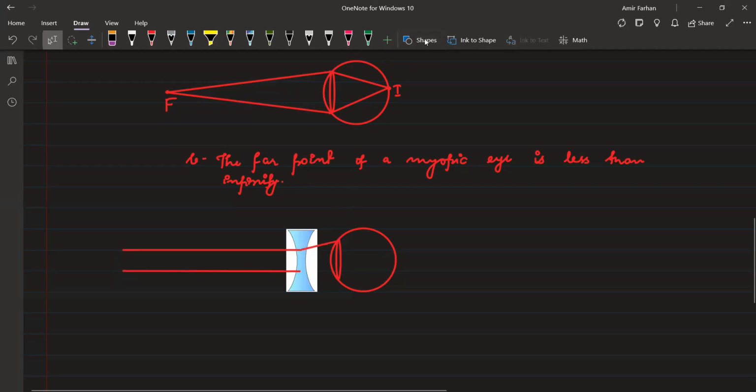Before striking directly the eye lens, we have placed a concave lens, so now you can see that these rays are spreading out a little bit. Now after this point, the rays will point at the retina.